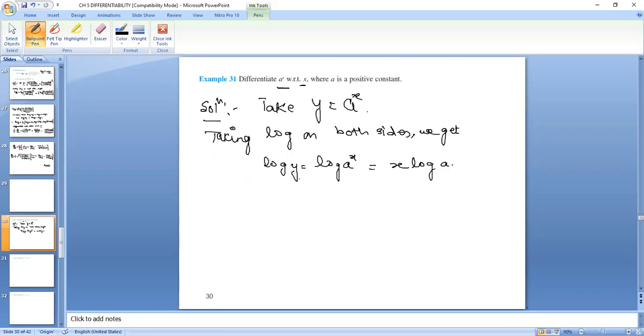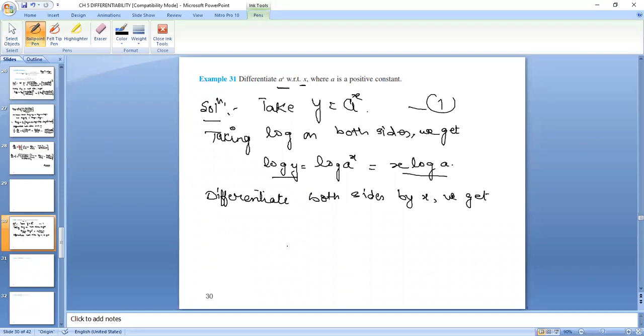So finally log y is equal to x log a. Now we have simplified the log term. The next step is differentiate both sides by x. We can also give it number 1. So differentiate both sides with respect to x.